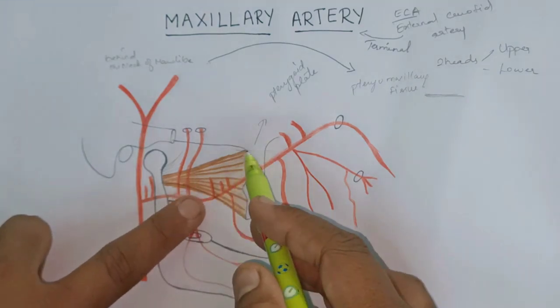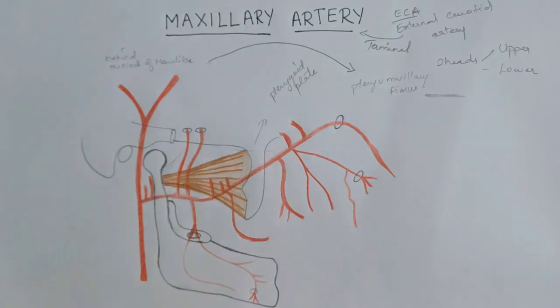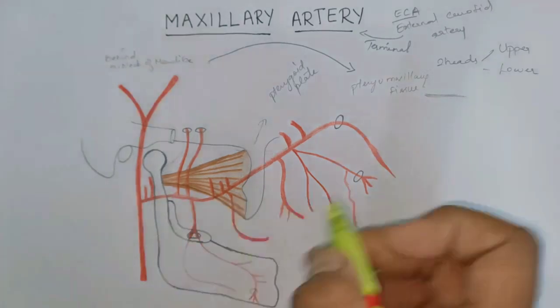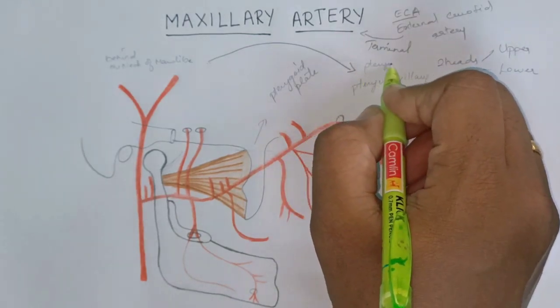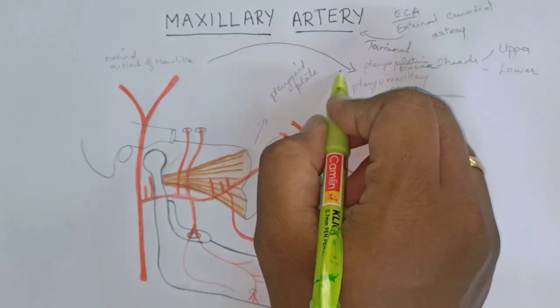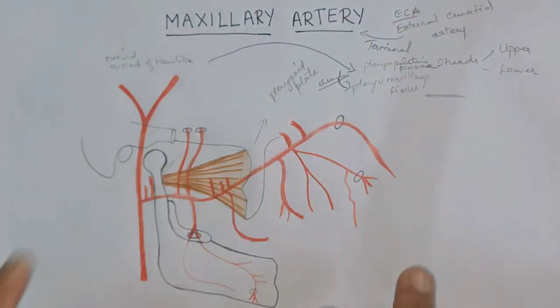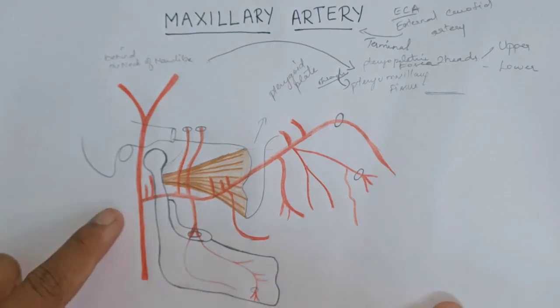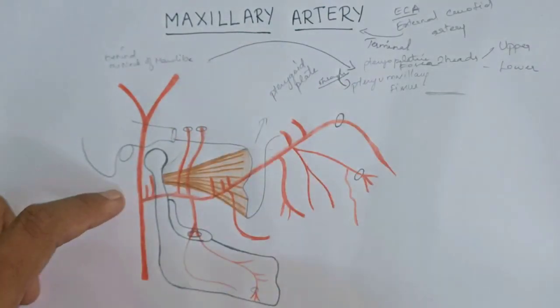From there it goes upwards and forwards to the upper border of the lateral pterygoid muscle, and from there it reaches the pterygopalatine fossa through the pterygomaxillary fissure. As I said earlier, it is divided into three parts based on the surrounding structure.